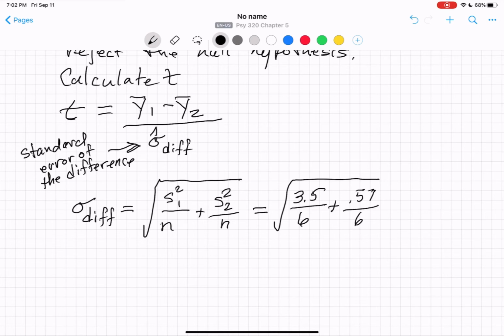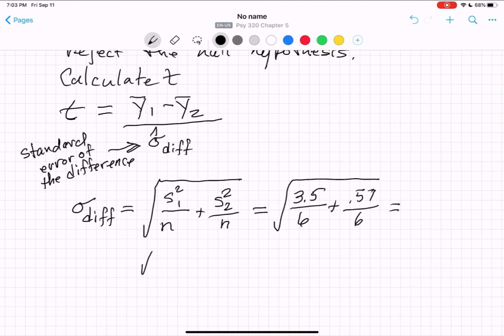Okay. And so you notice we're taking the square root, and so that's why this is a little more like standard deviation rather than variance. Okay. It does take into account the sample size, and that's why it's called standard error. So the fact that we're dividing by n, that's the reason why it's called a standard error rather than a standard deviation. If we were just taking the square root, it would be more like standard deviation.